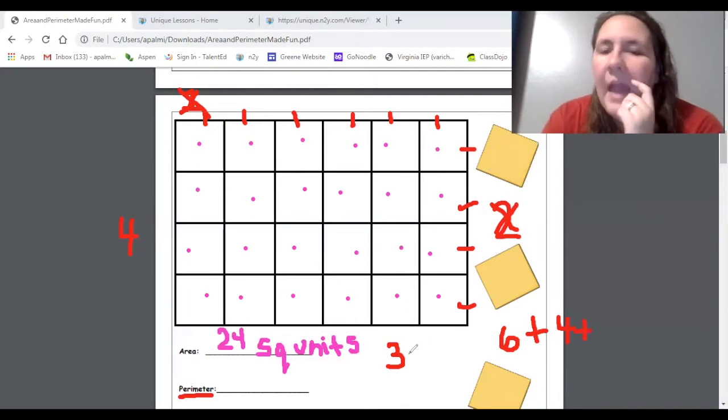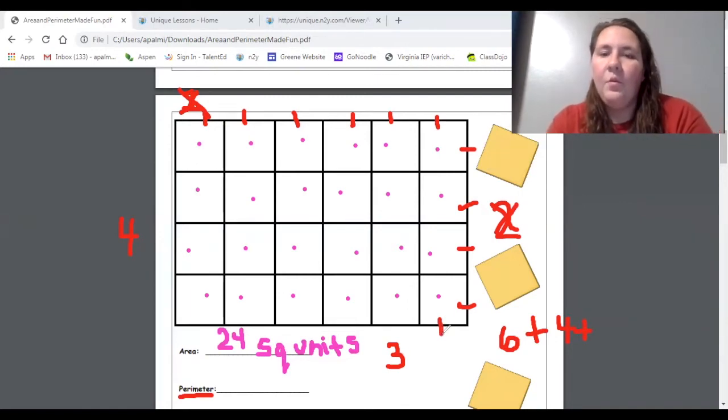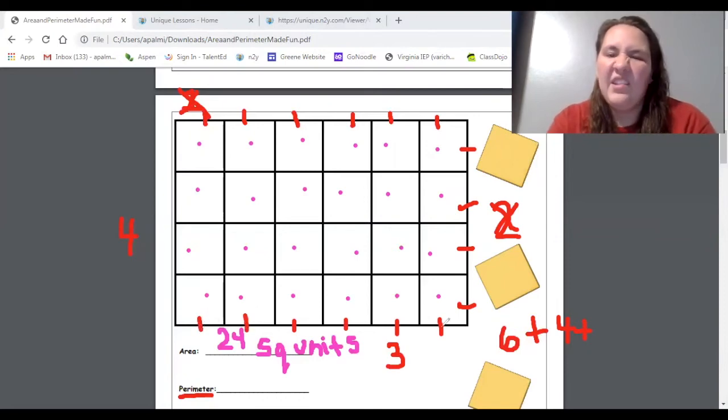And then I'm going to count my units for the next side, okay? So here we go. 1, 2, 3, 4, 5, and 6. I write my 6. I cross off this side. And I need to do my last side, right?